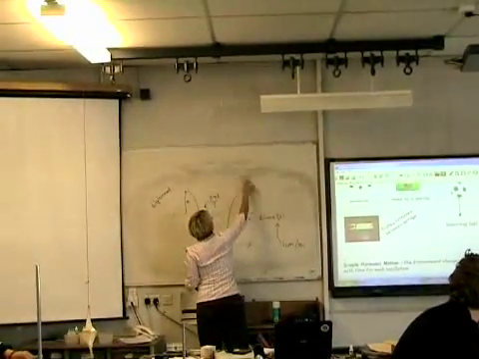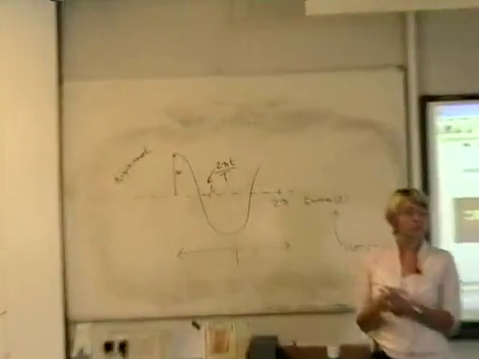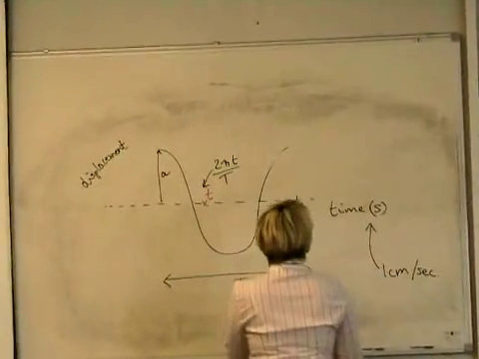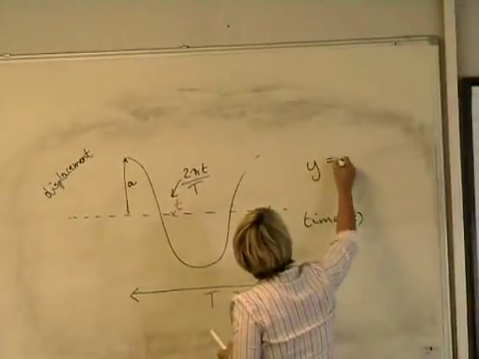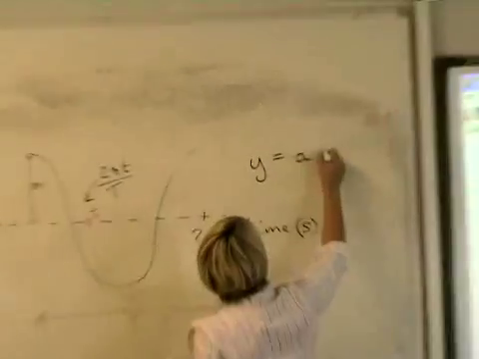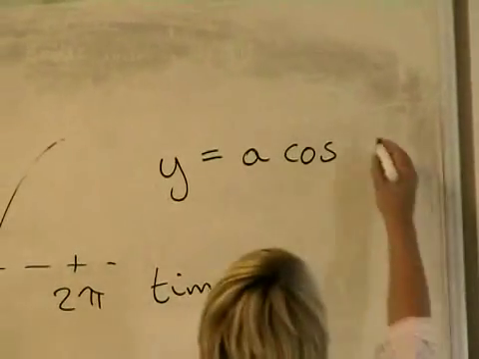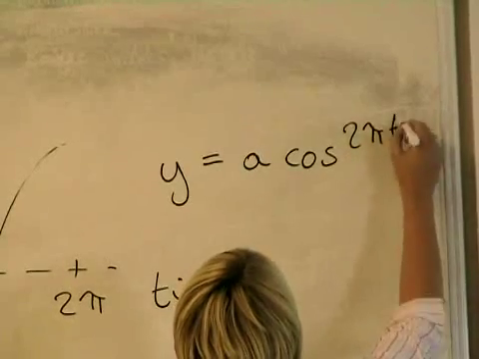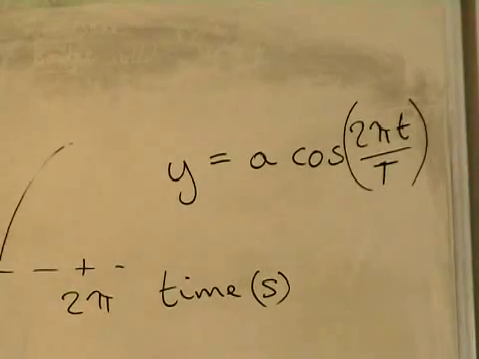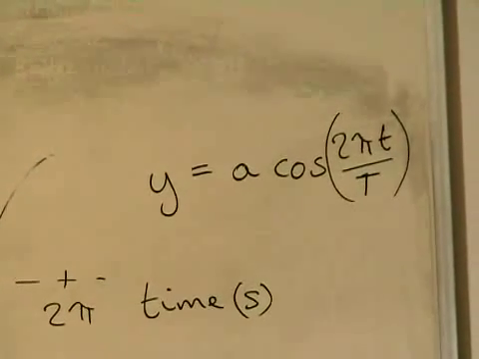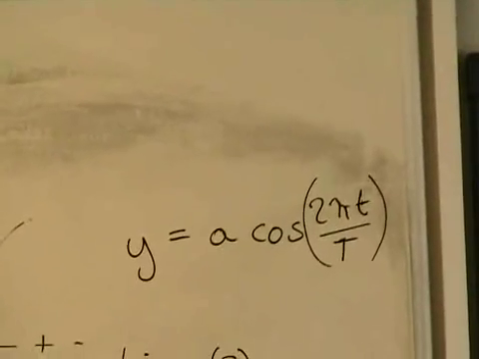We really can now write an equation, hopefully, for this graph. We can write an equation which is that y is a cos 2 pi t over T. Okay. y is the y-axis, the displacement.